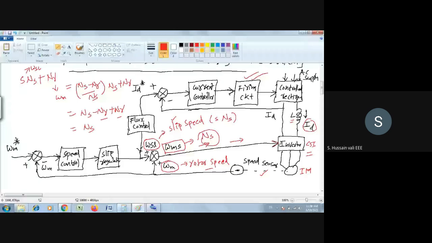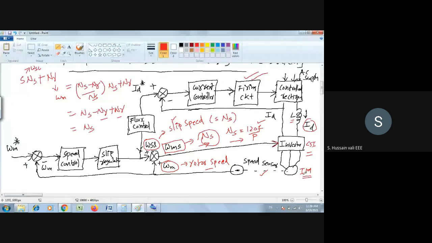What this signal tells here is that synchronous speed NS is equal to, I hope you know, 120 F by P. So you are giving the information of synchronous speed, in the sense you are giving the information of frequency. Because the inverter should know what should be the frequency of the induction motor, what is the rated frequency of the induction motor.